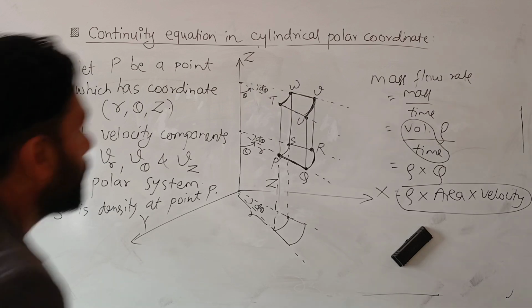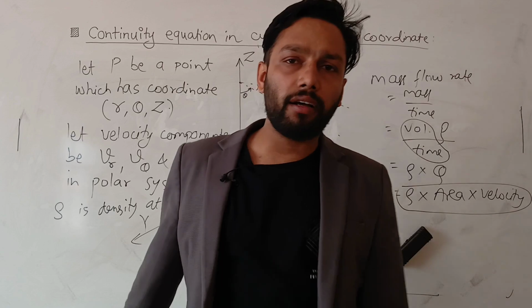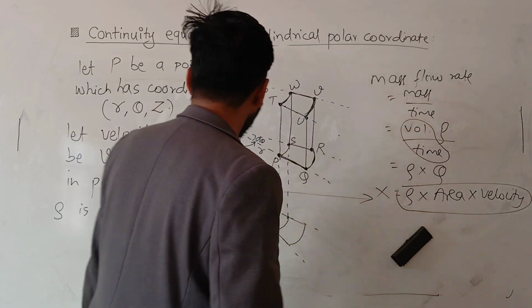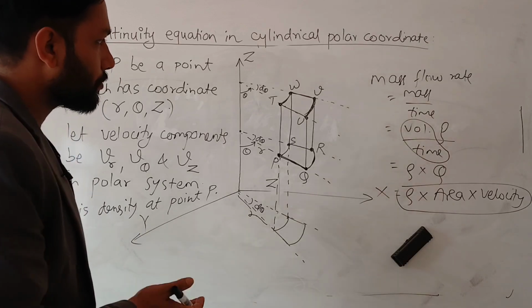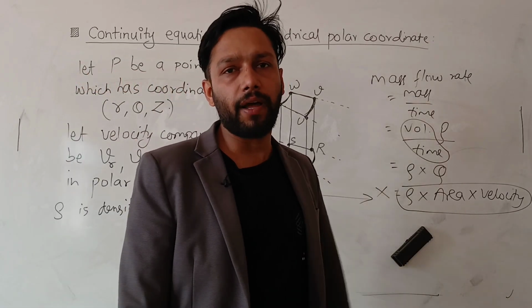So let's find the mass flow rate entering the parallelepiped from the different faces. So now let's find the mass flow rate entering and leaving this parallelepiped.